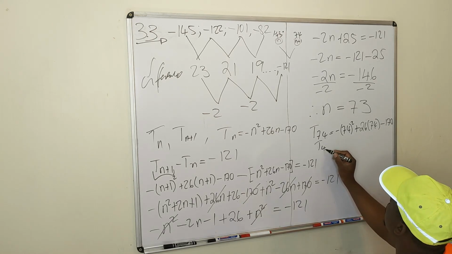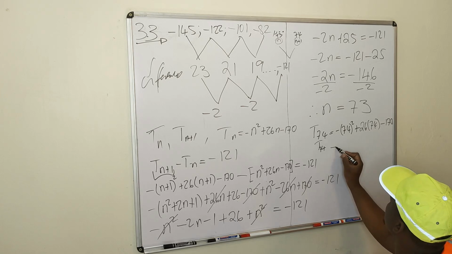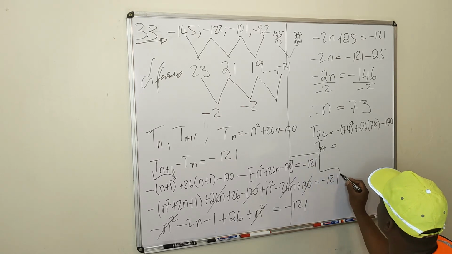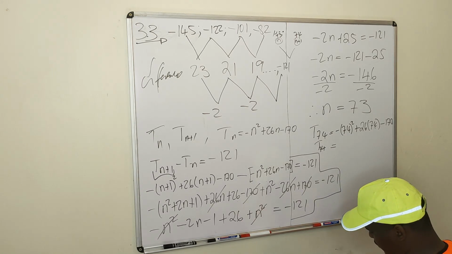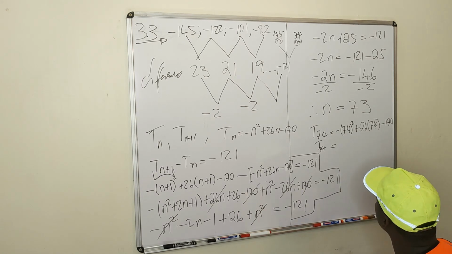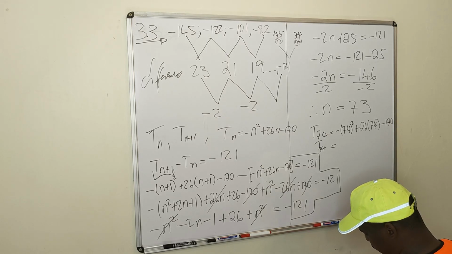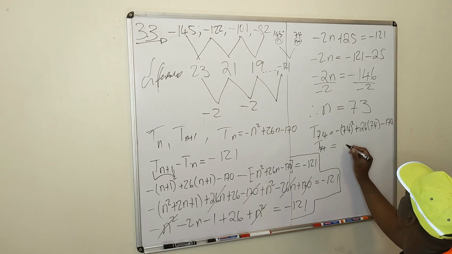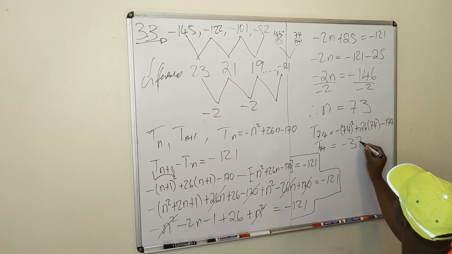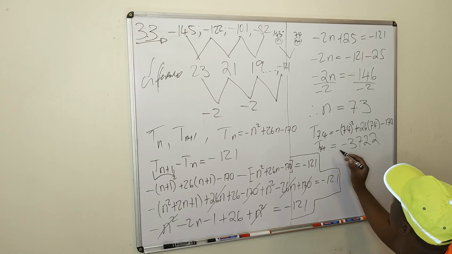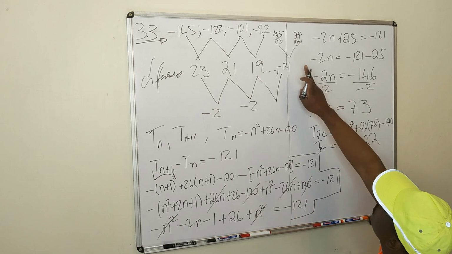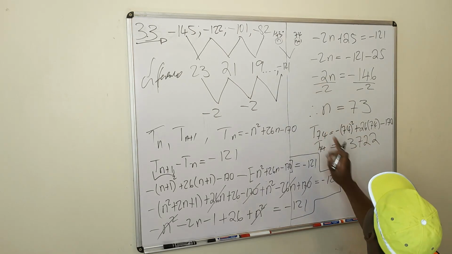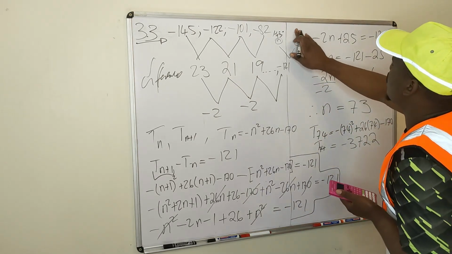So T74, pass that on a calculator: negative 74 squared plus 26 times 74 minus 170 is minus 3722. This is term 74. And then now we'll go find the other term. The value of term number 74 is this one here.